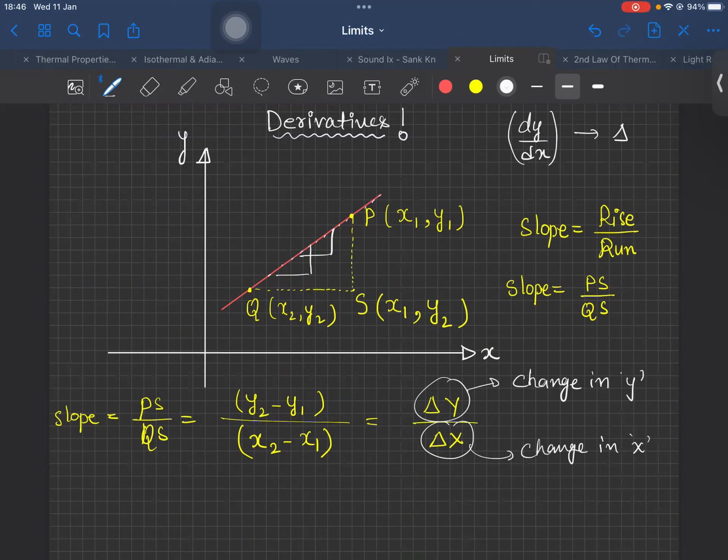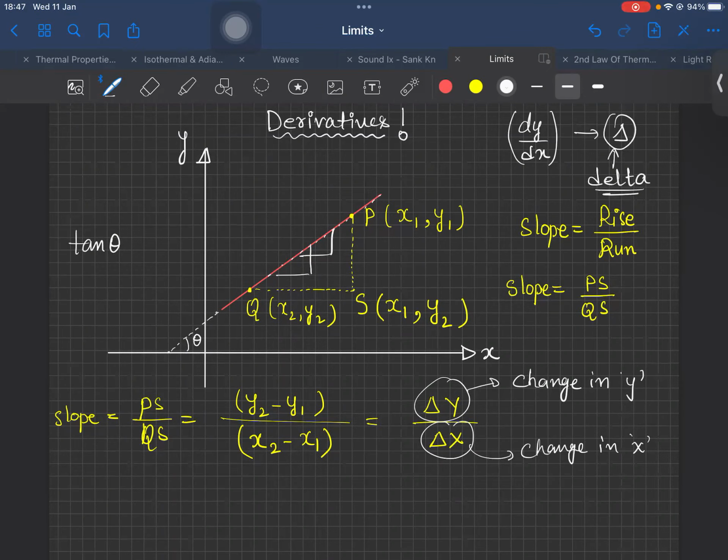It will have only one angle, right? Slope is tan theta, where theta is the angle between the x-axis and the line. There is only one theta. That's why the slope of a straight line is always the same, that is tan theta. So at any point on the straight line, if you find delta y upon delta x, this notation is called delta. This will always be constant.